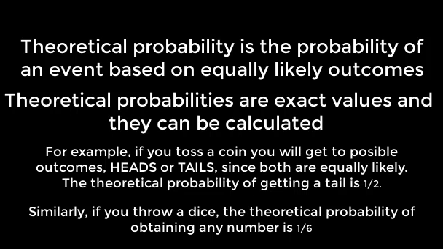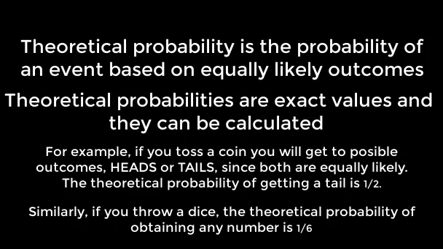For example, if you toss a coin, you get two possible outcomes, head or tail. Since both outcomes are equally likely, the theoretical probability of getting a tail is 1 over 2. Why? Because we have two faces of a coin, the head or the tail.